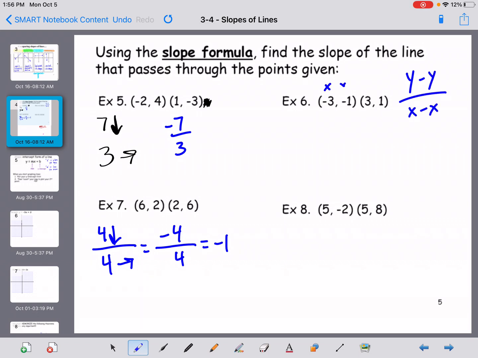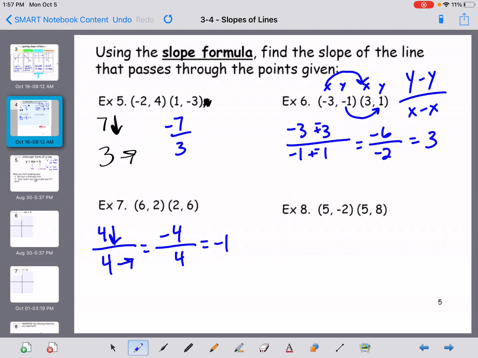All right, x, y, x, y. So if I'm going from this one to this one, negative 3 subtract 3, then I'm going to go this way. Negative 1 subtract 1. So that's going to be a negative 6 and a negative 2. And negative 6 over negative 2 simplifies to a positive 3.